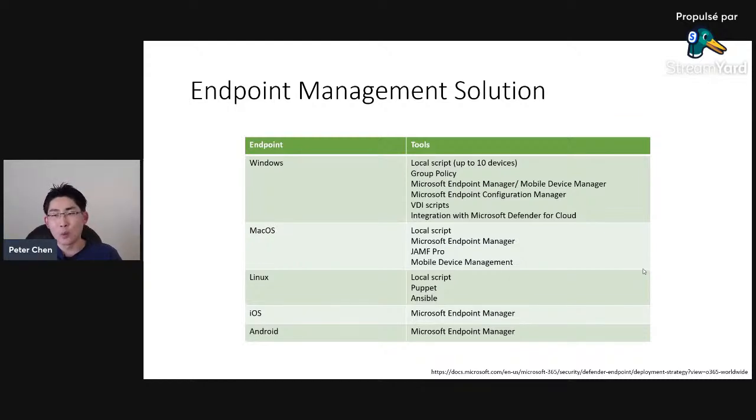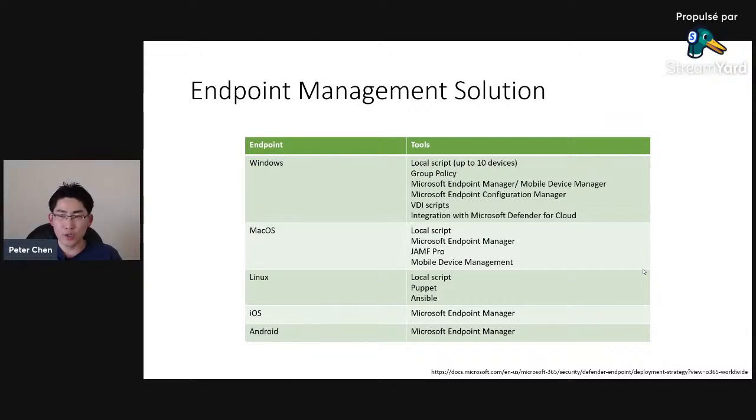Now we can look at what tools or solutions you can use to manage these endpoints. As this table illustrates, these are the tools supported by Microsoft to manage your endpoints. As an example, for Windows, you can use group policy to deploy the agents and the configurations. You can also use Configuration Manager.